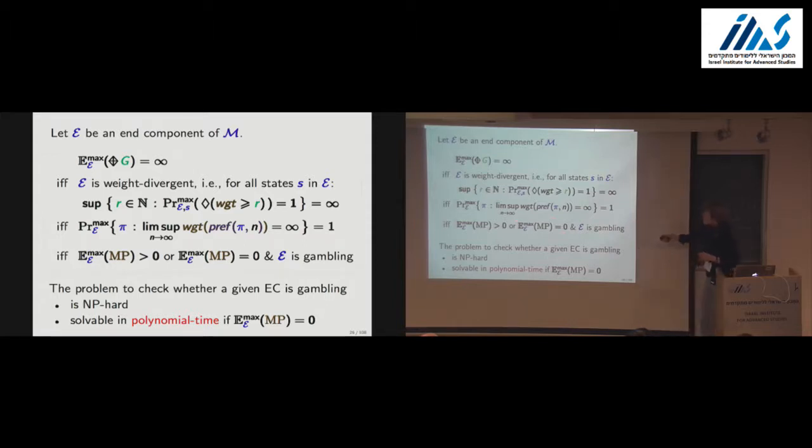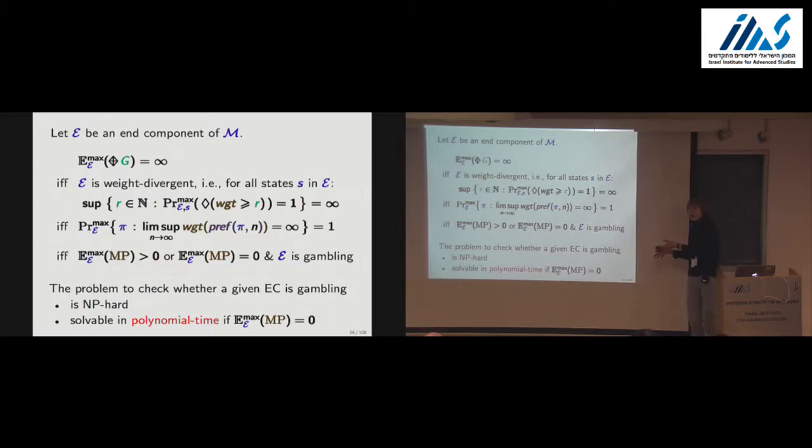And in this combination it is simpler, because if you pick some memoryless deterministic scheduler, either this scheduler is gambling, which achieves the mean payoff 0, which is the case if this BSCC under such a scheduler has negative cycles, which again is equivalent to the statement that there are positive cycles.